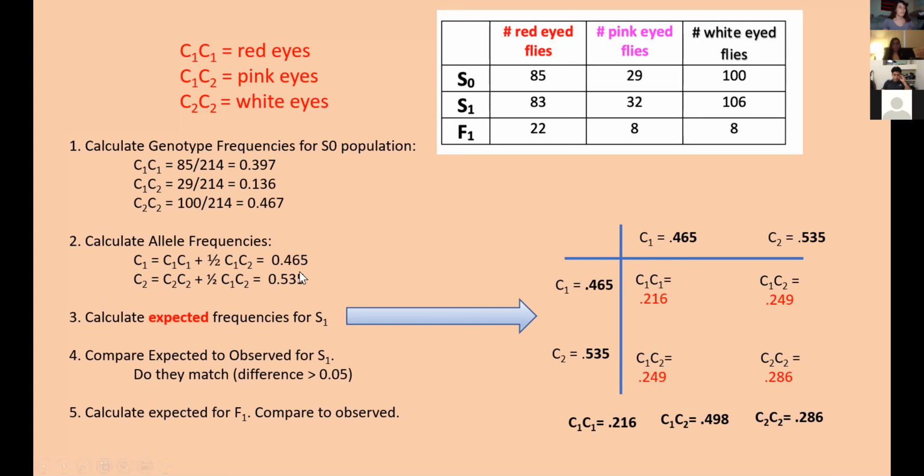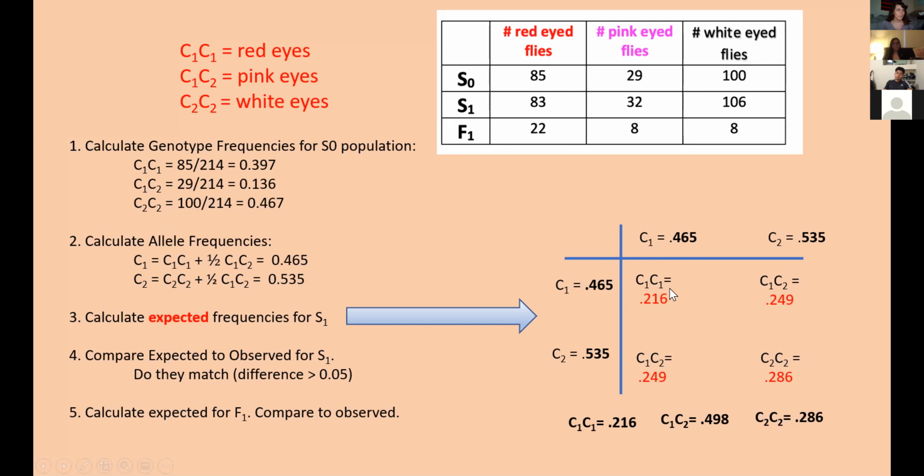And to do this, there's this handy dandy little square that should remind you of a Punnett square. It's the same kind of idea, but on one side, you're going to do the C1 and C2 frequencies, and on the other side, you're going to do the C1 and C2 frequencies, and you just multiply each of them out.